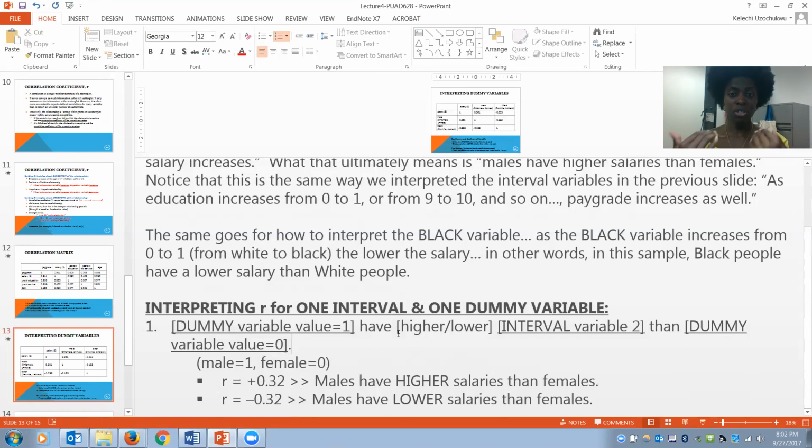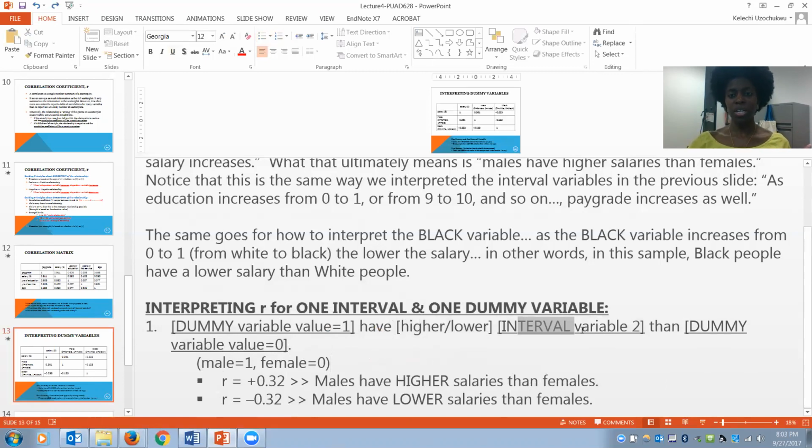So for our interval and dummy, this is how we would interpret it. We've got a dummy variable. What's the value for one? In this case, the value for one is male. Okay, what's our value for 0? Our dummy variable value of 0 is female. We're clear? So what's our direction?